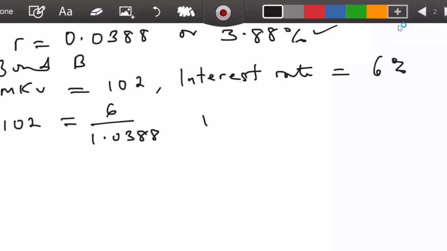It's a 2-year bond, so in year 2, the investor will receive 106, which is 100 plus interest of 6, all over 1 plus R raised to power 2.